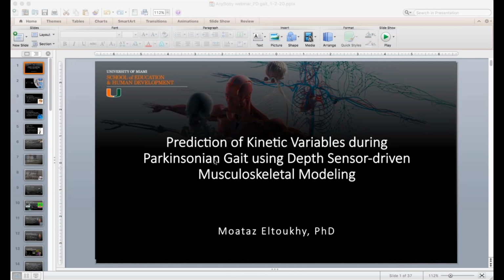Parkinson's disease is a long-term degenerative disorder of the central nervous system, and it mainly affects the motor system. What happens is in the midbrain area, the cells die, and this area is responsible for producing dopamine. And dopamine is basically a chemical that sends the signals that control movement.